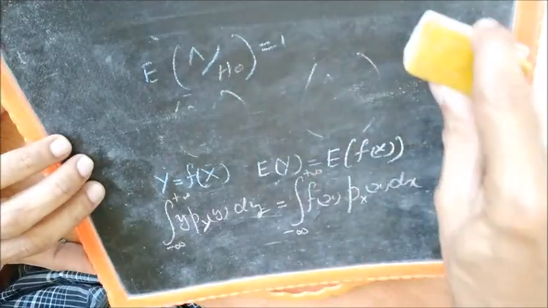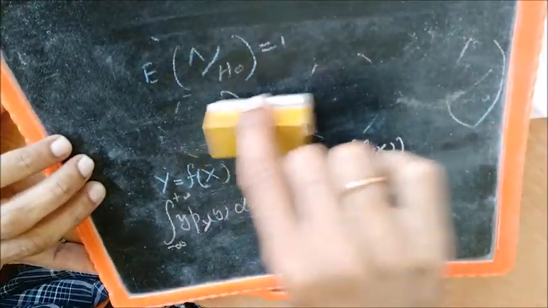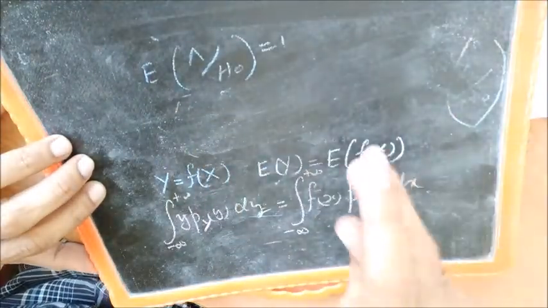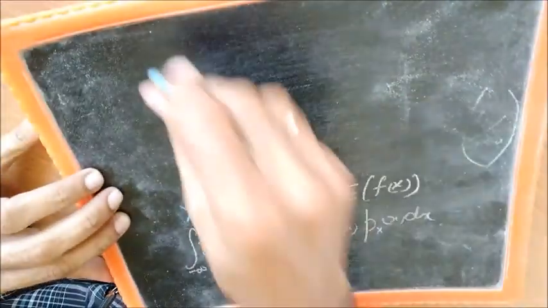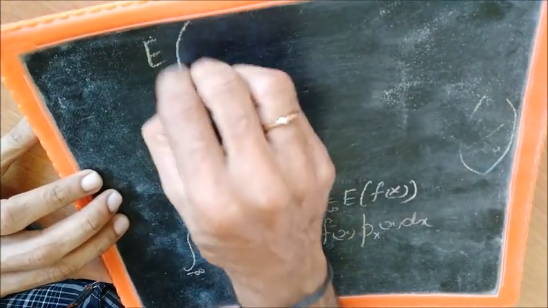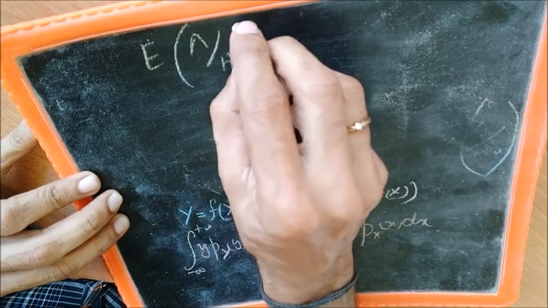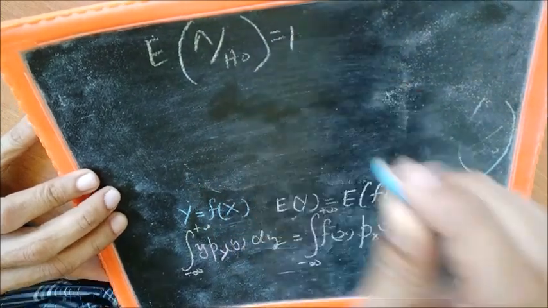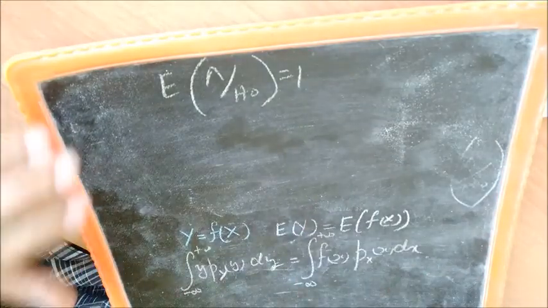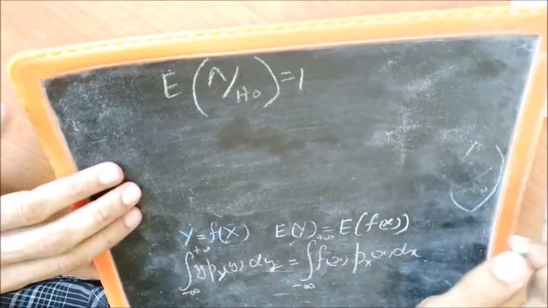So we will solve only B first, and then we will go for A and C. We have to show now that the expected value of lambda, the likelihood ratio given h0, is equal to 1. This is the identity that we have to prove.